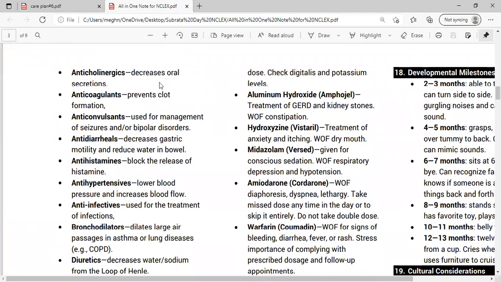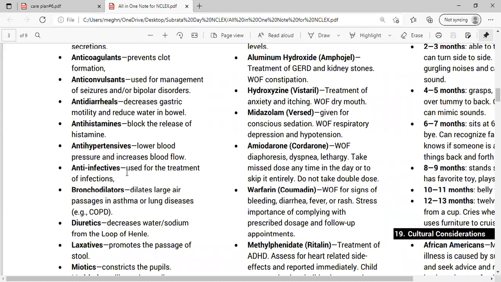Anticholinergics decrease oral secretions. Anticoagulants prevent clot formation. Anticonvulsants we use for management of seizures and bipolar disorder. Antidiarrheals decrease gastric motility and reduce water loss in the bowel. Antihistamines block the release of histamine. Antihypertensives lower the blood pressure. Anti-infectives are used for treatment of infection.